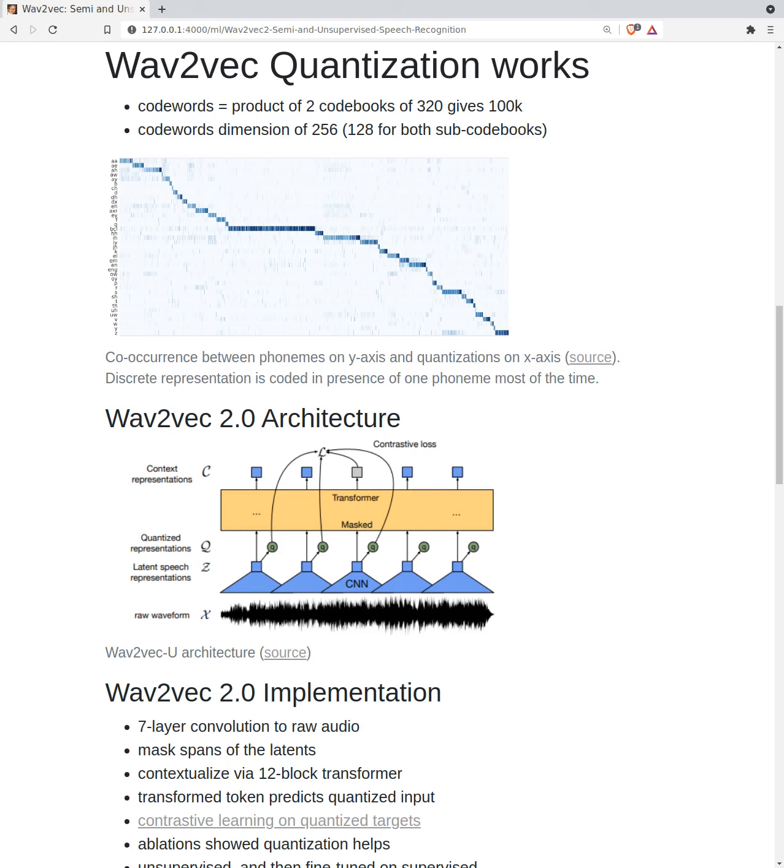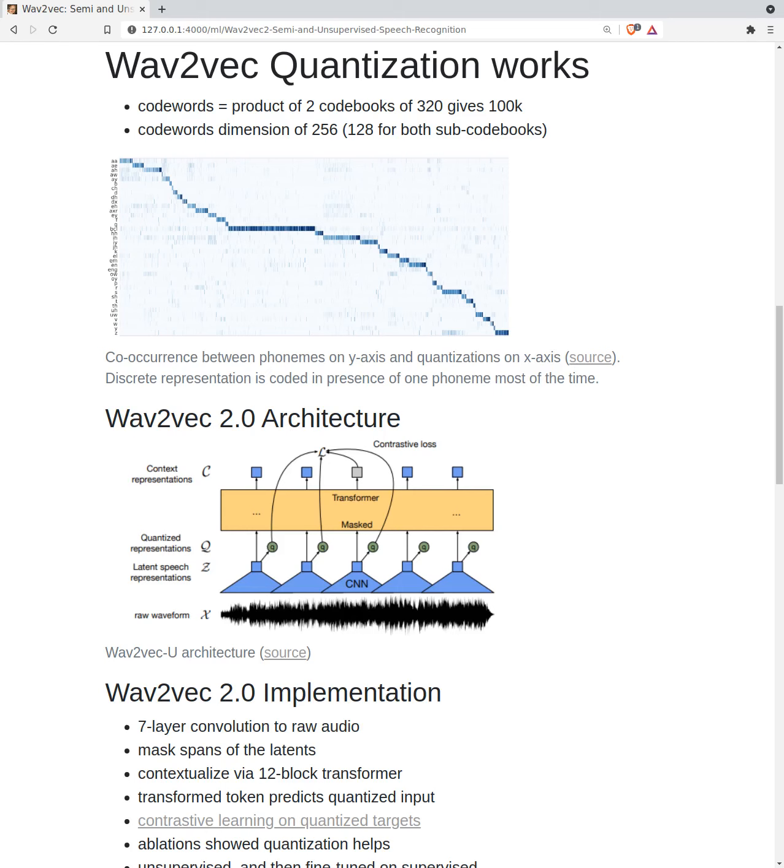Now you could ask, okay, so what's about it? Well, what's interesting here is that the dimension and the number of codewords, the number of discrete vectors, is 100,000, something like that.